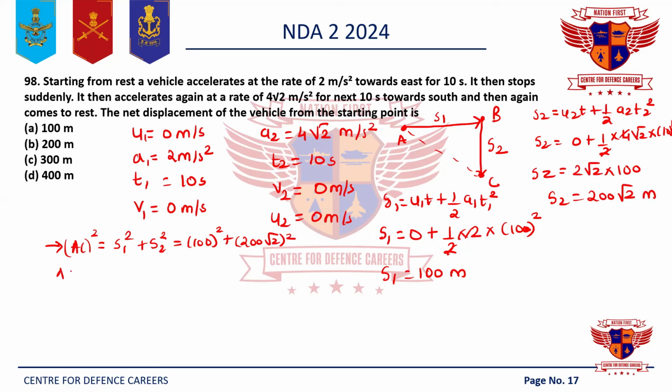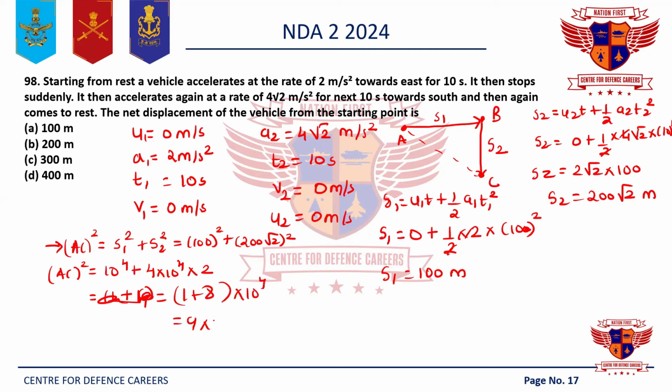Okay, so AC square will be equal to 100 square will be 10 raised to 4 and 200 square will be 4 into 10 raised to 4 into 2. So let's take 4 as common. We can write this as 1 plus 8 and taking 10 raised to 4 common.